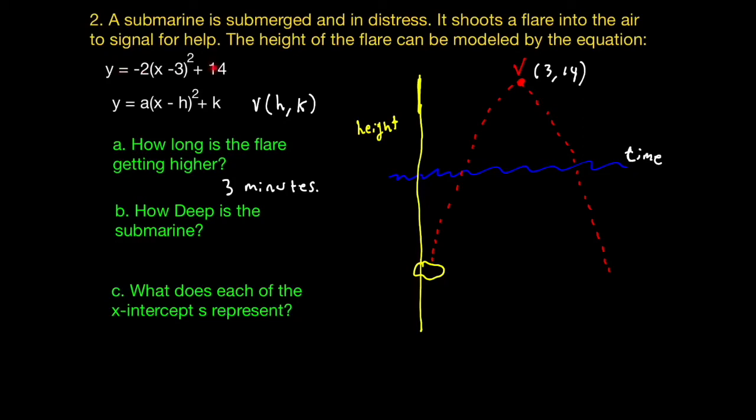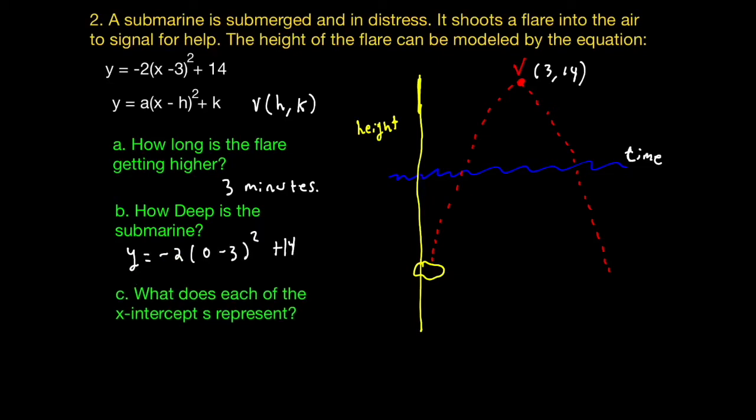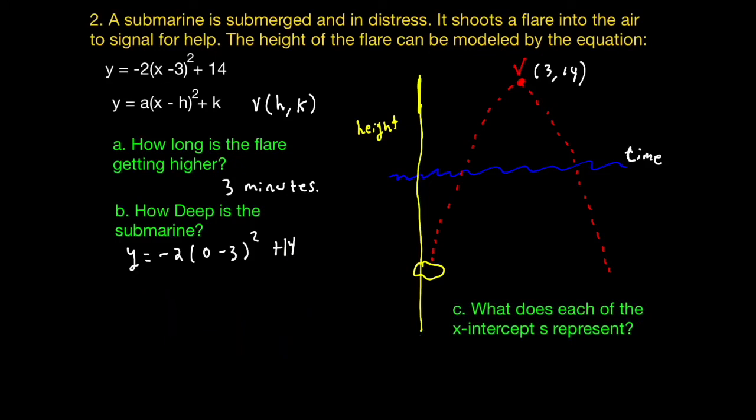So here, we're going to grab this equation, and we're going to replace x with a 0. So we get negative 2 multiplied by 0 minus 3, quantity squared, plus 14. And now we have to simplify the right-hand side. Following the order of operations, I'm going to simplify what's inside of the parentheses first. So 0 minus 3 is negative 3.